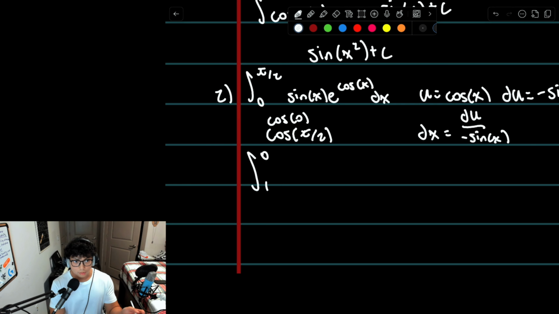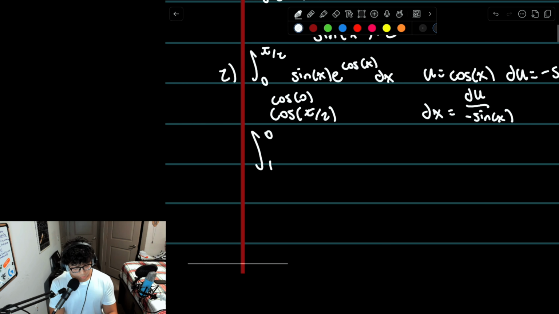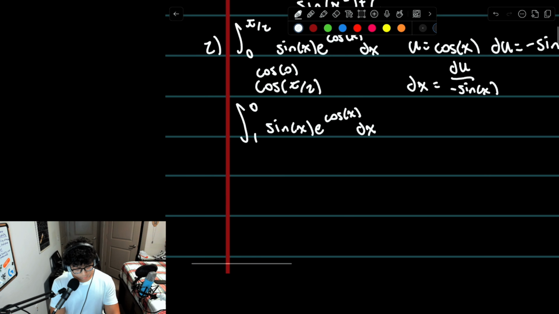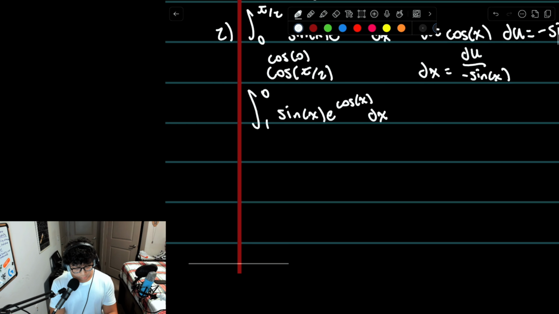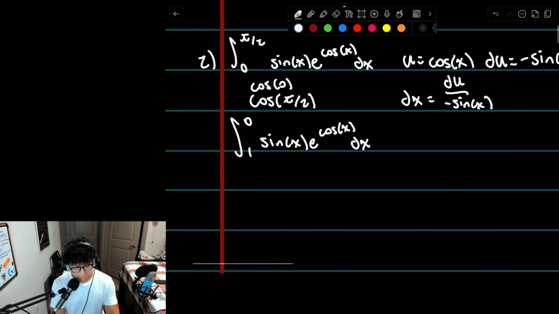It used to be 0 to pi over 2. So now we will plug in our sine of x, e to the cosine x, dx. Oh, I'm sorry, I didn't even plug in anything.